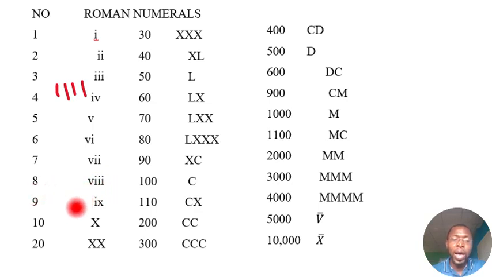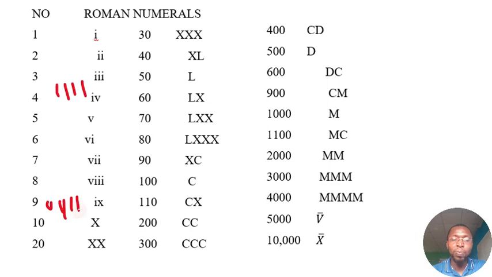Okay. 9 would be 10 minus 1. Remember, I is 1 and it's coming before the bigger number, so you subtract. We cannot write V, like I said earlier, and then you put IIII.